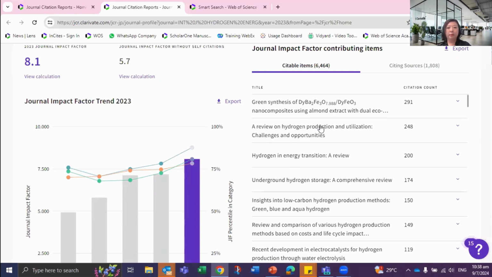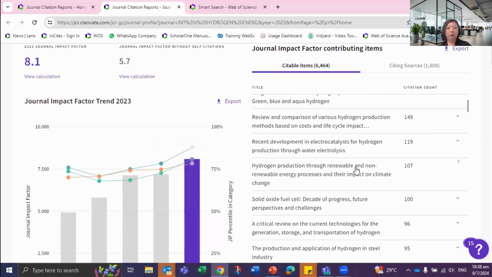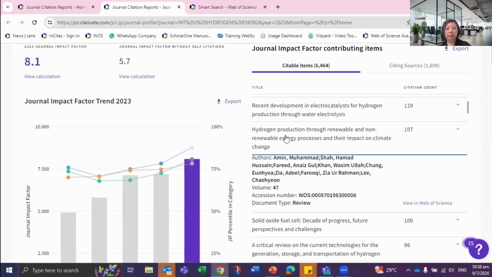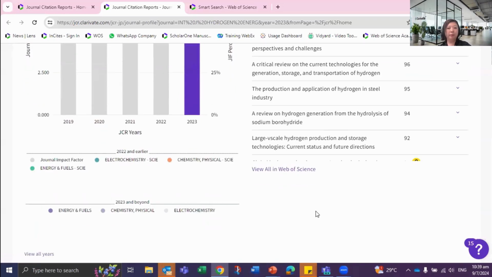These citations are static citations based on a cutoff that we have used, and it is the 2023 citation counts that were used to calculate the journal impact factor. If you're interested to see details about a particular item, there is a link out to view the abstract in Web of Science, or you can view the whole list via this link here at the bottom. View all in Web of Science.